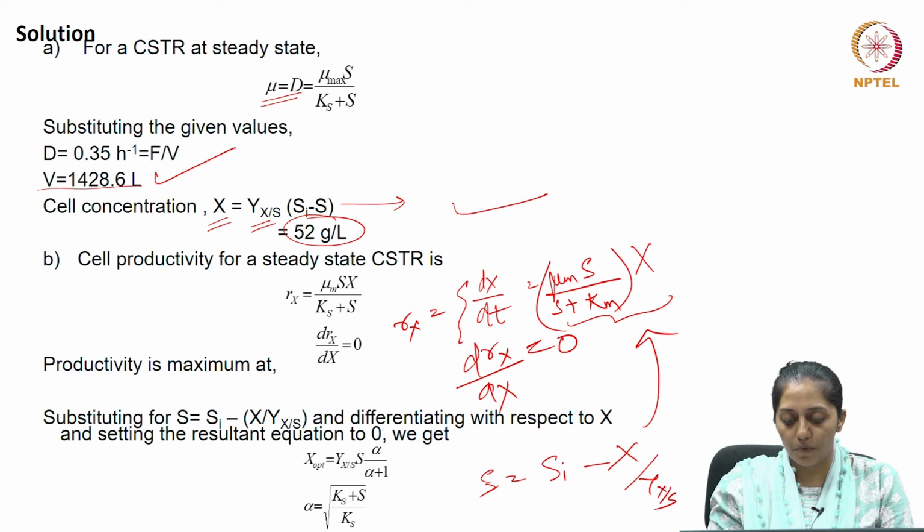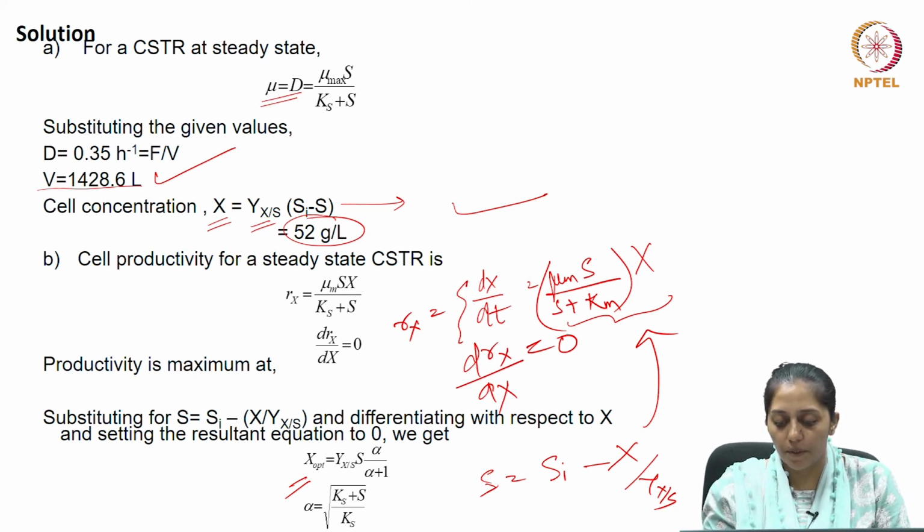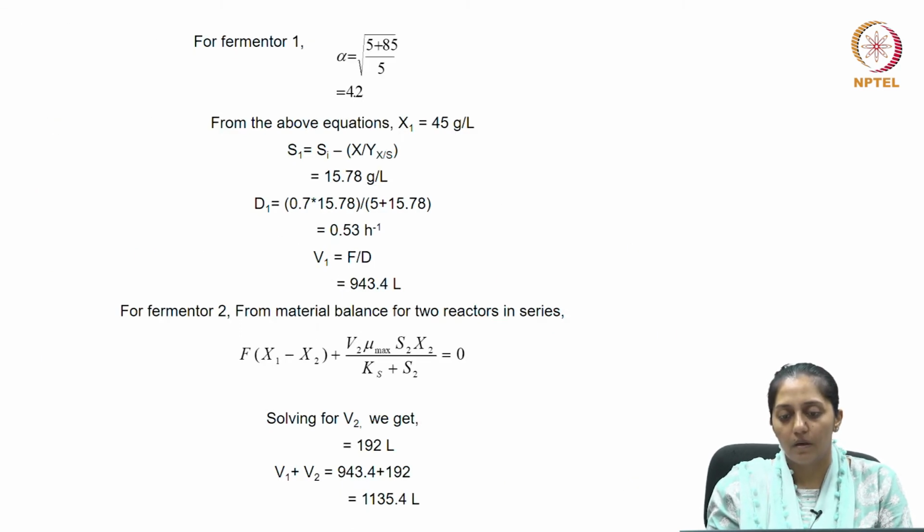the biomass productivity or the biomass concentration for maximum productivity. So, your X optimum comes out to be Yx by S times S, the residual substrate concentration, alpha upon alpha plus 1.